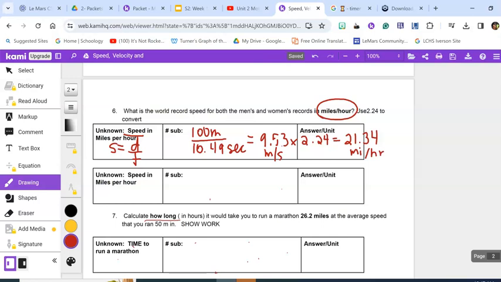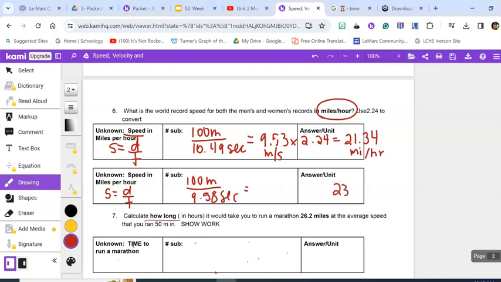You do the men's. Remember, speed is equal to distance divided by time. Micah, what'd you get?